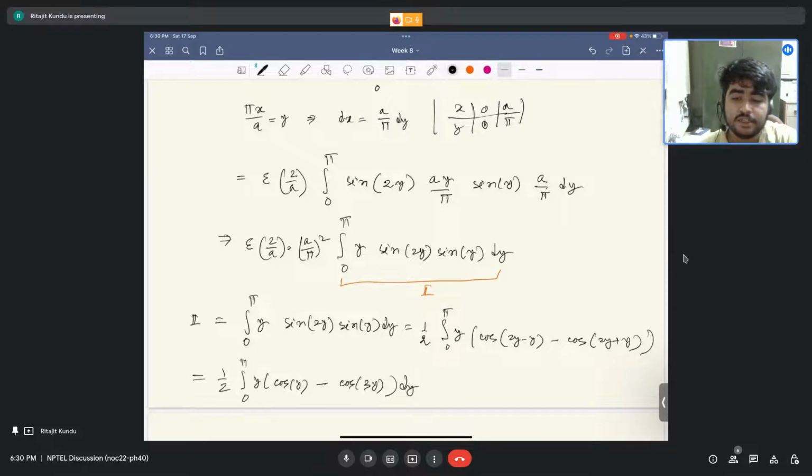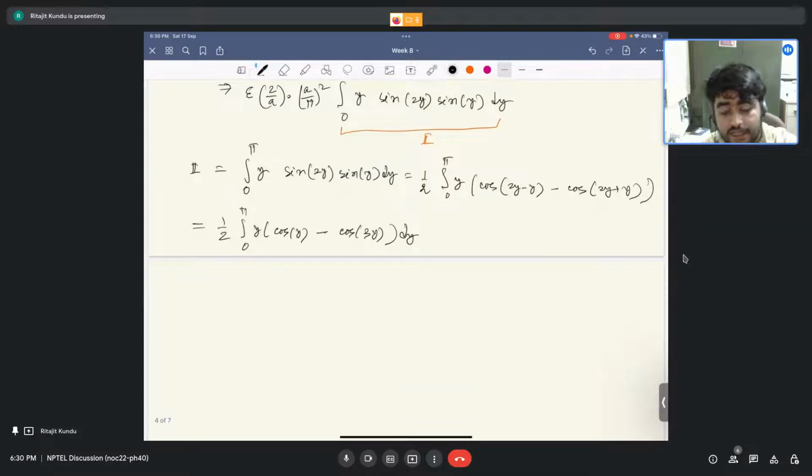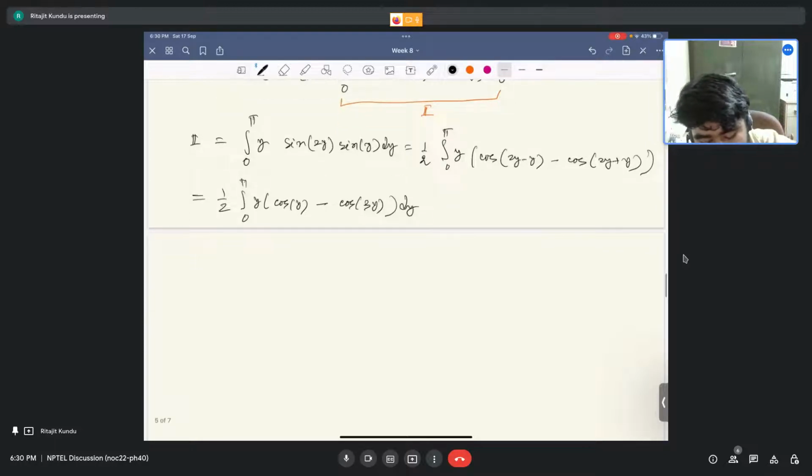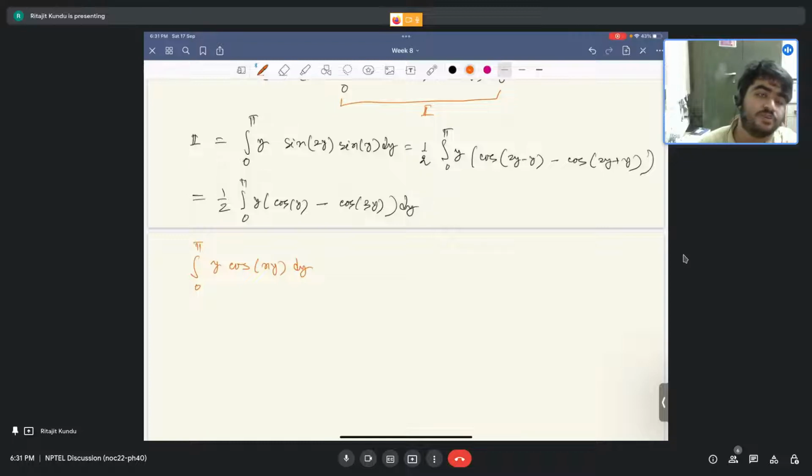This is the integration we have to do. There are integrations which are just y times cosine of something, and there is also a plain number sitting here. To calculate both of these terms at once, let us calculate y cos ny. For the first term we'll set n as 1, and for the second term we'll set n as 3.